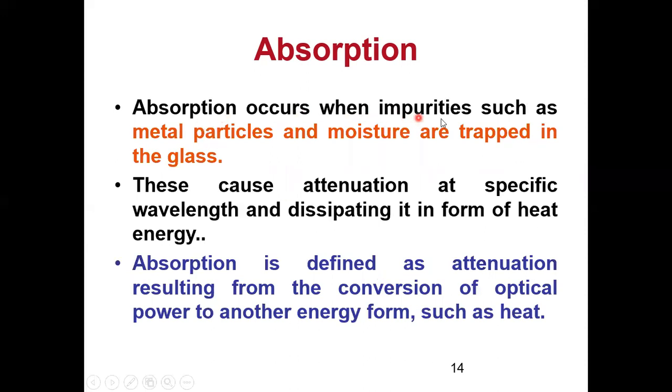So absorption occurs when impurities such as metal particles and moisture are trapped in the glass. Now this causes attenuation at specific wavelength and dissipates it in the form of energy. Now this is not just a sentence that I am reading out. Water particles, moisture, metal particles, they are present in the fiber, but not at all wavelengths are they causing the attenuation of signal.